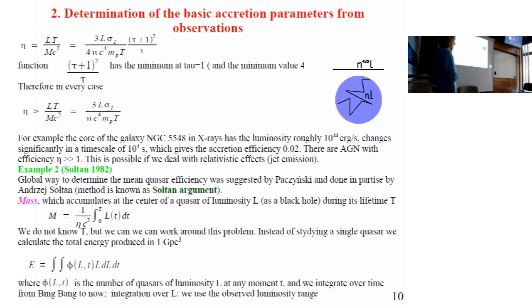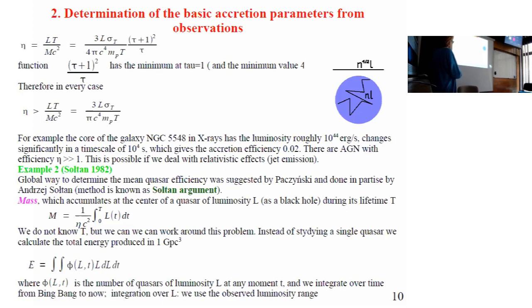How does it work? That's not that simple. This is the method to calculate the mean quasar efficiency. In order to calculate efficiency, you would first start with calculating the mass which accumulates at the center of a quasar of luminosity L during its lifetime T. If you know the efficiency, then you calculate the mass, but of course we will try to invert the argument later on to get the efficiency.